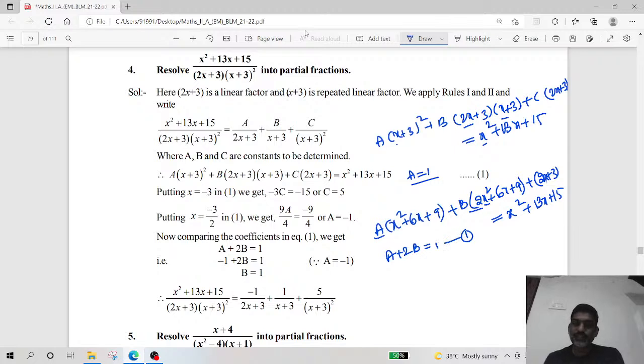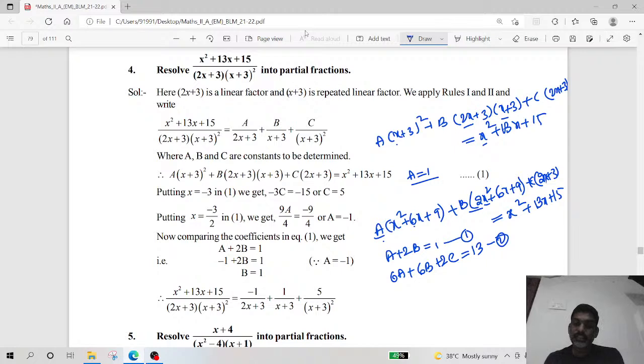Next, the x coefficients: here 6a is the x coefficient, and 6b is the x coefficient, and here it is c times 2x plus 3, so plus 2c, which equals 13. This is the second equation.